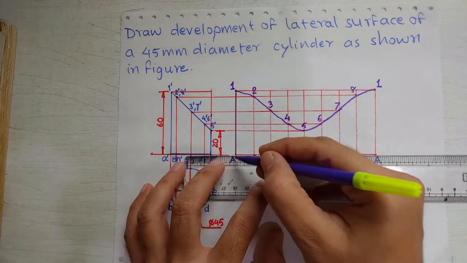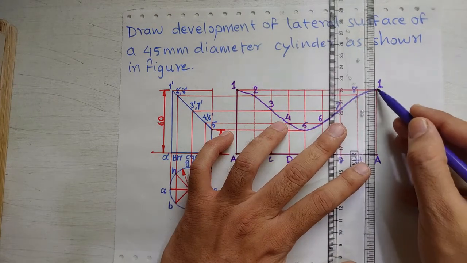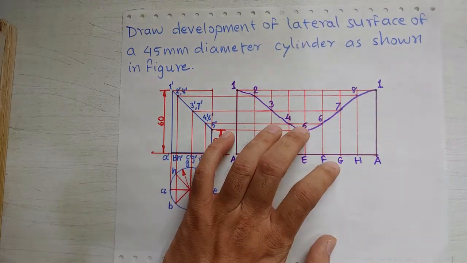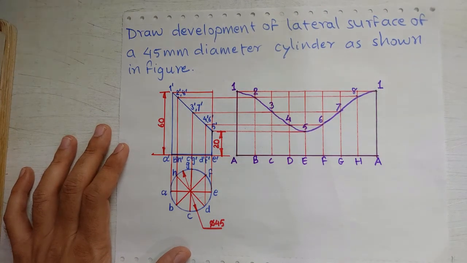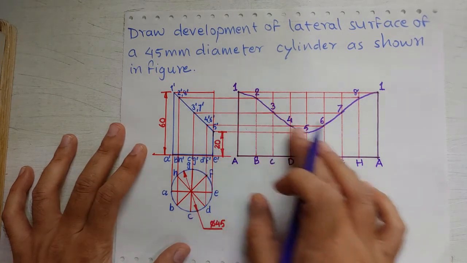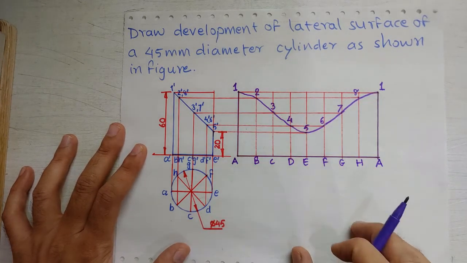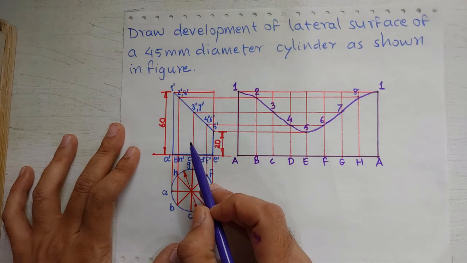And yes, that is how the development is done. The surface is developed now. You can understand that if I cut this shape on a sheet metal and then fold it, I will get a cylinder looking like this.